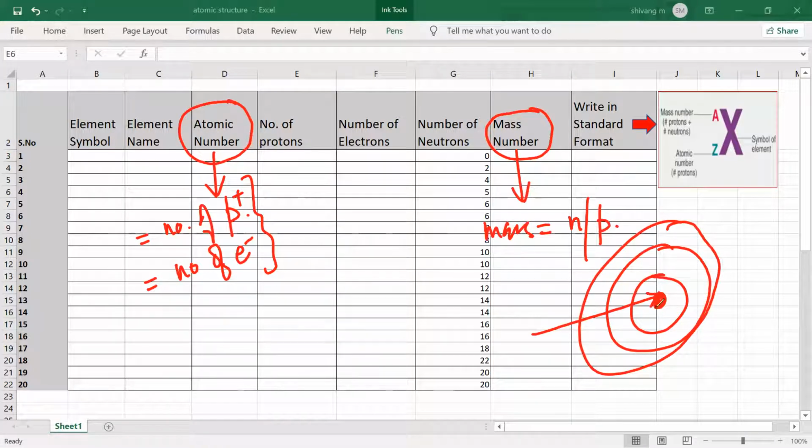Basically, what we can say is that the nucleus will contribute to the mass. Mr. Satya, are we clear? Yes, sir. So therefore, mass number, Mr. Satya, would be equal to? So neutrons plus protons. Shabash. Neutrons plus protons. Are we clear?